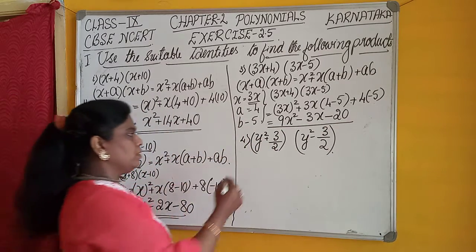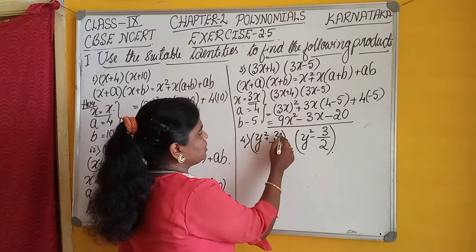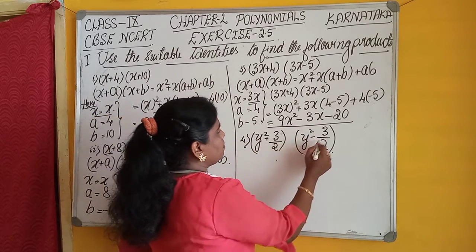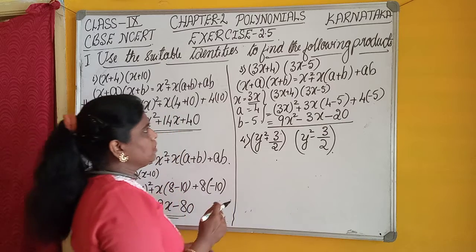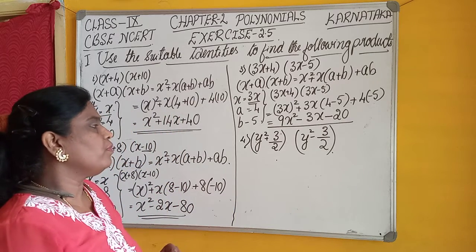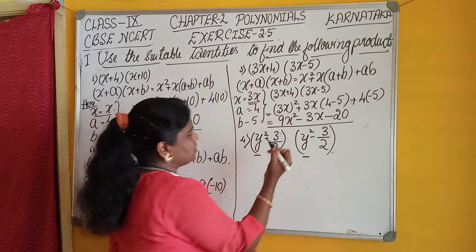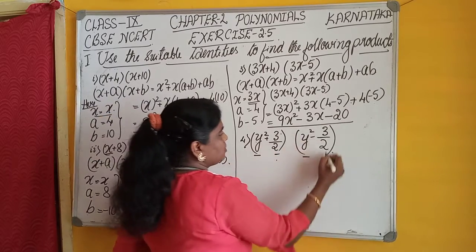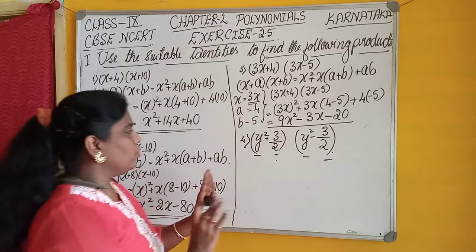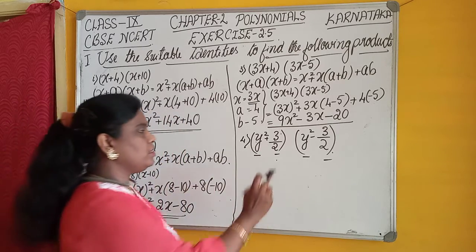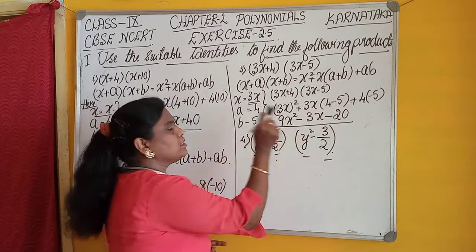Next problem. Here look at this: y square plus 3 by 2, y square minus 3 by 2. Which form is it in? Here the first term is the same and the second term is the same, but the sign is different: plus is there, minus is there.